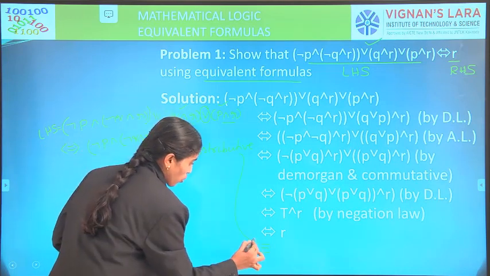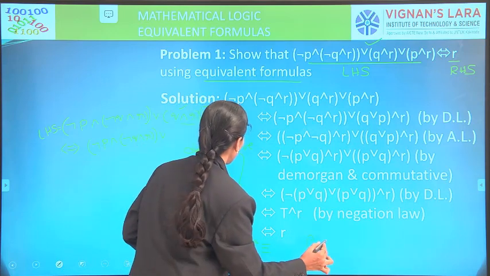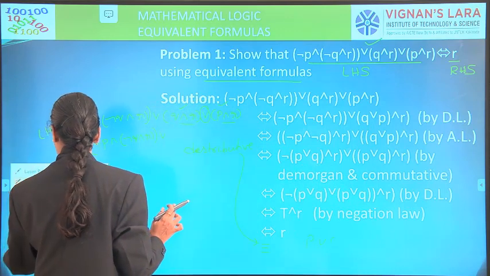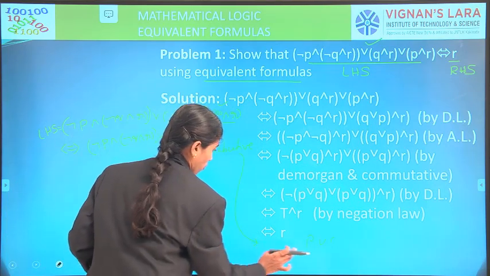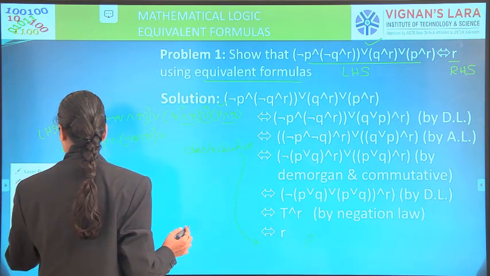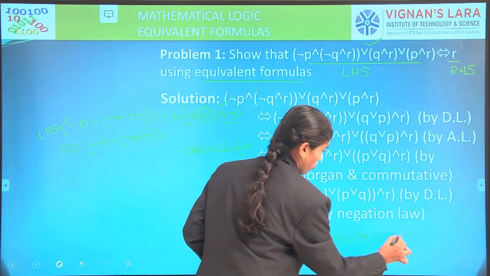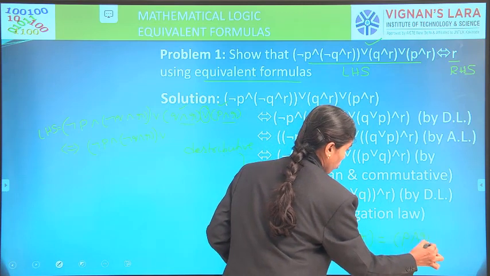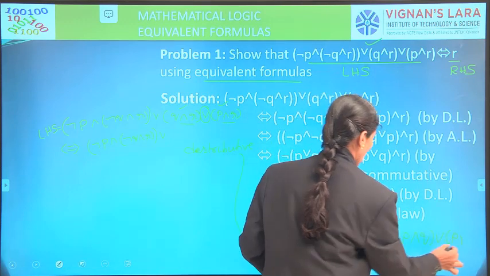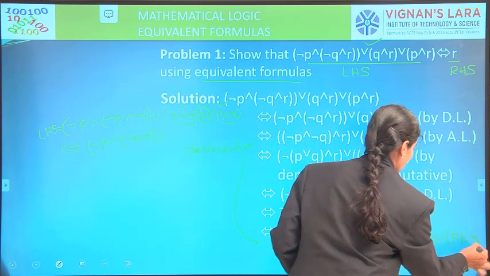What is distributive law? P AND (Q OR R) is equal to (P AND Q) OR (P AND R), right?